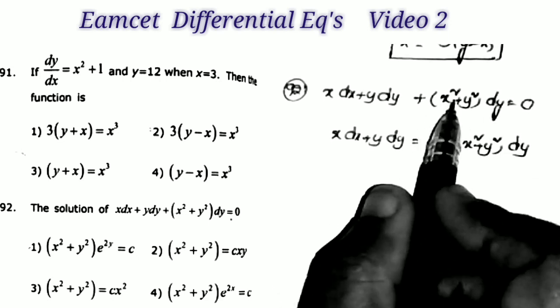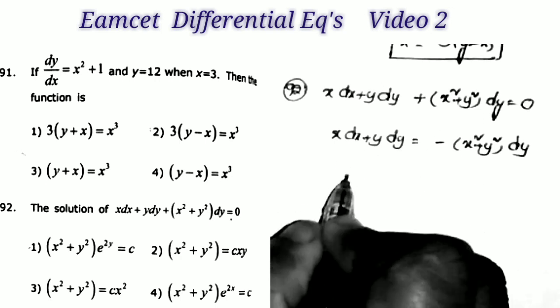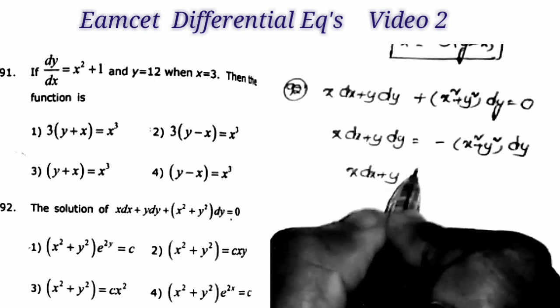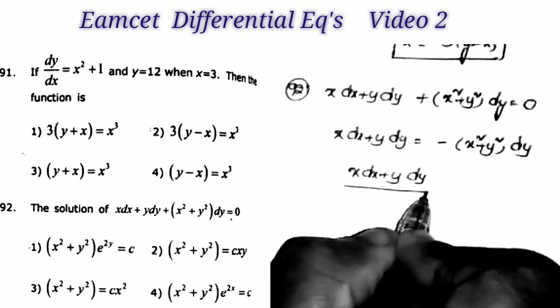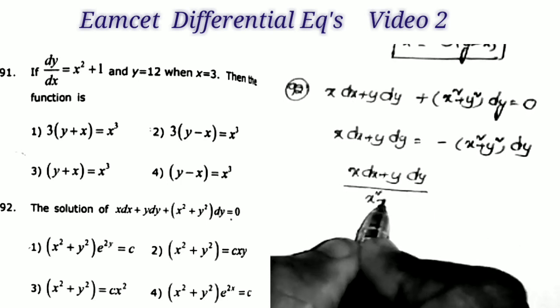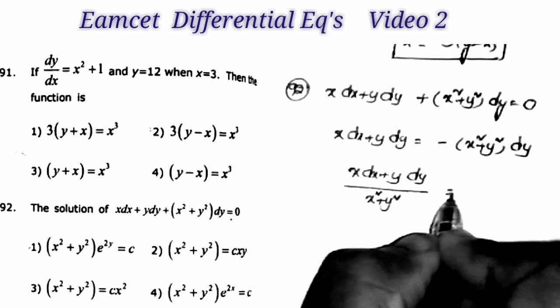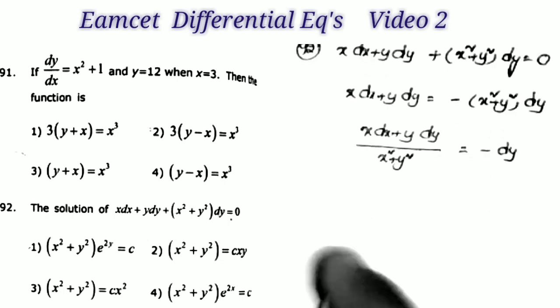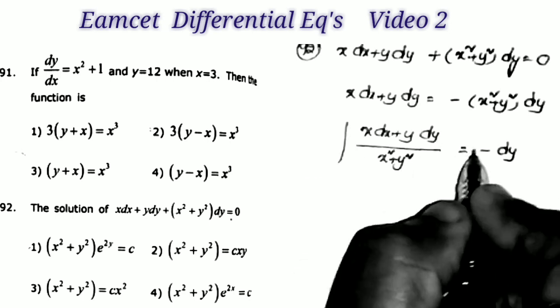Just writing the second term at the right hand side, and in the next step I take x into dx plus y into dy by x square plus y square is equal to minus dy. Now applying the integration on both sides.